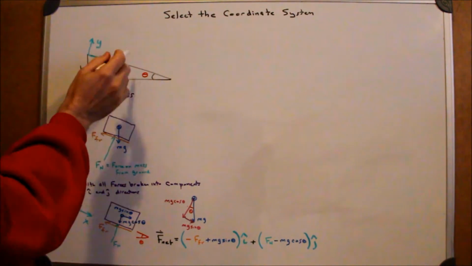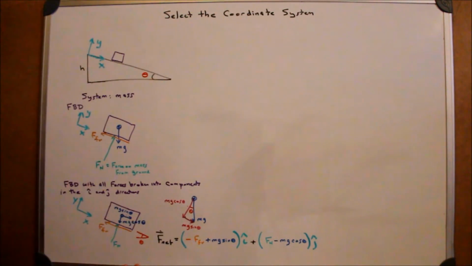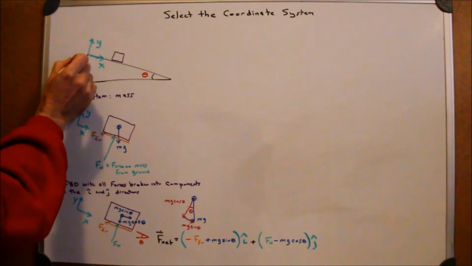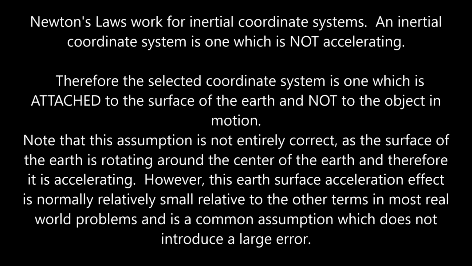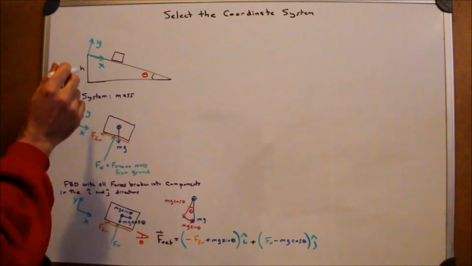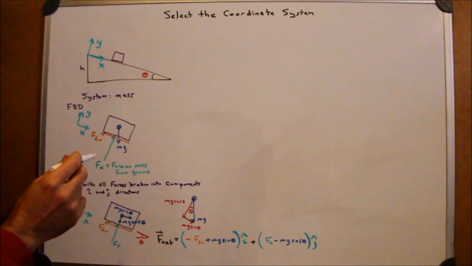So there's my system. I'm going to have this mass going down the slope. I'm going to put my coordinate system attached to the Earth. It's looking at that spot right here where it starts.